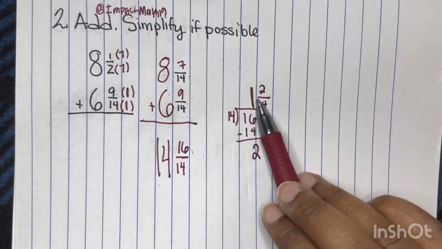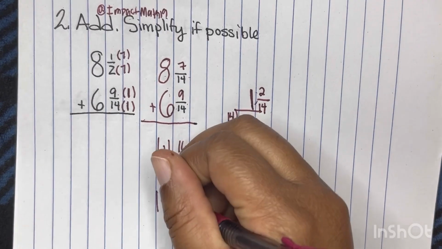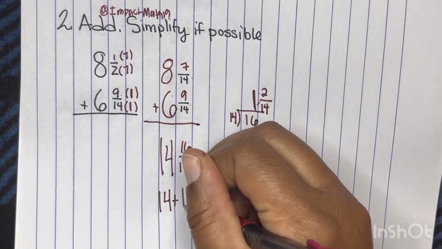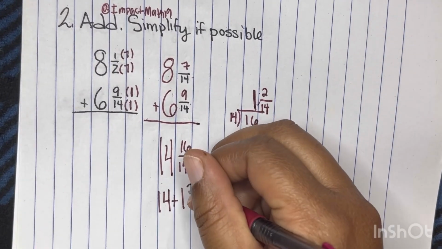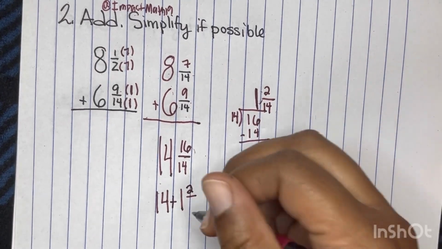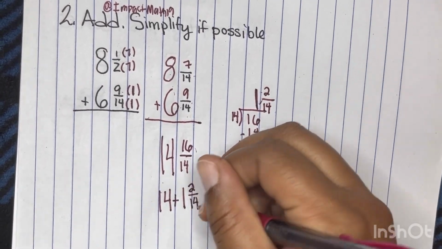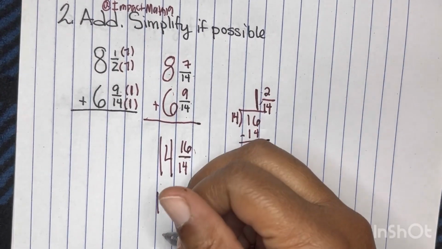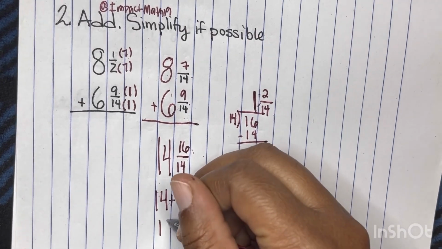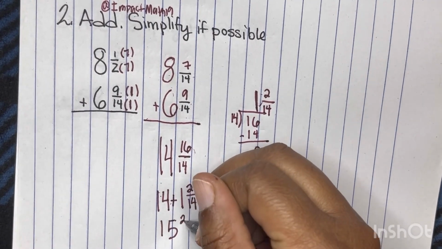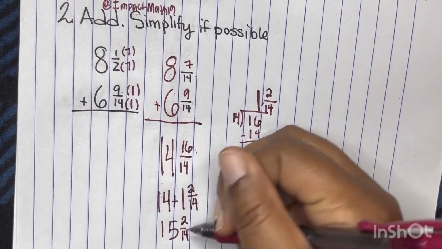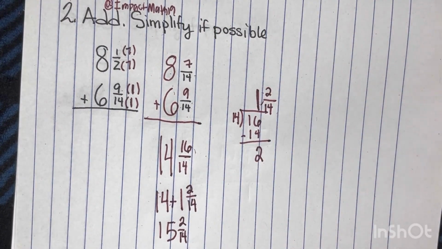Now, we take this mixed number and we add it to our whole number of 14. So we get 14 plus 1 gives us 15 and 2 14ths. But hold up, right? Because we have to simplify if possible.